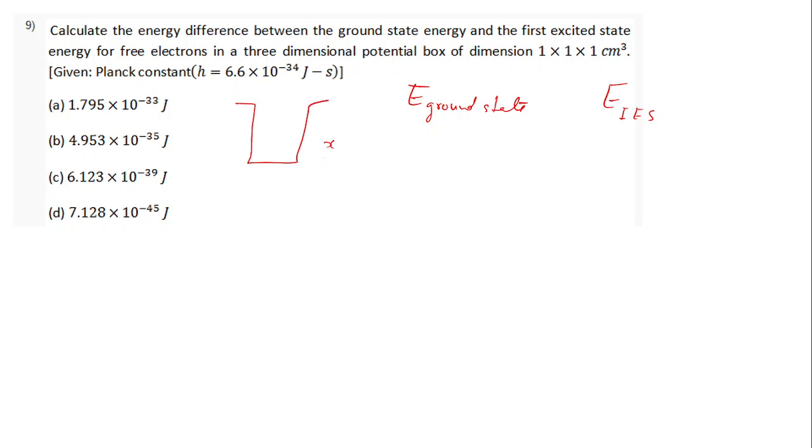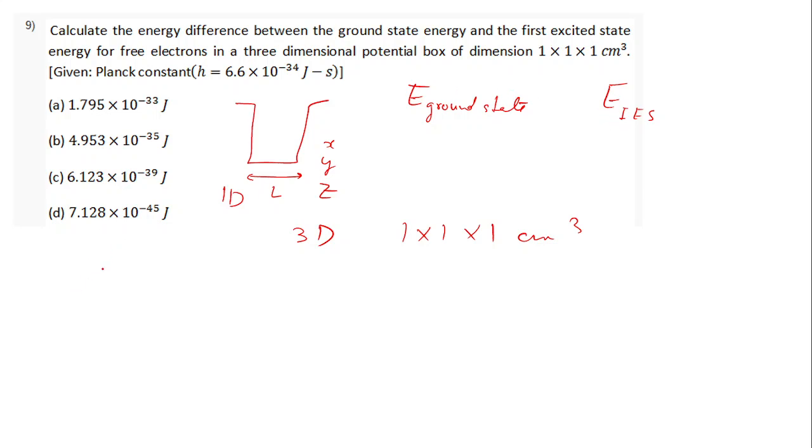So we have X component, Y component and Z component in a box of 1 by 1 by 1 centimeter cube. When we were talking in 1D, we were saying we have some L, but here we are talking about a 3D potential box. So instead of one dimension, we are considering all XYZ dimensions. So it's a 1 by 1 by 1 centimeter cube potential box, and the Planck constant value is given. And we have to find out the ground state energy and first excited state energy, the difference.